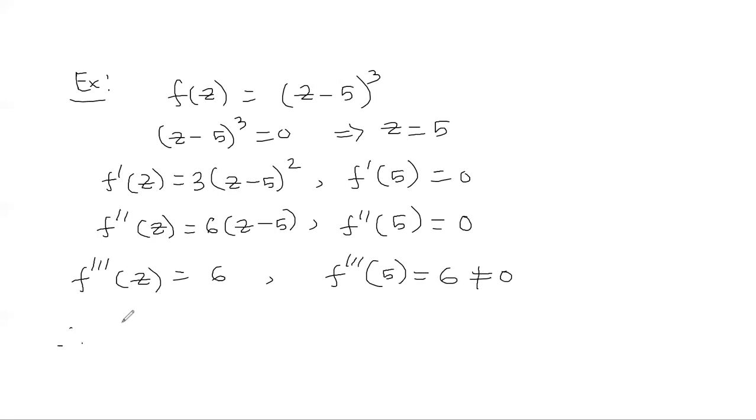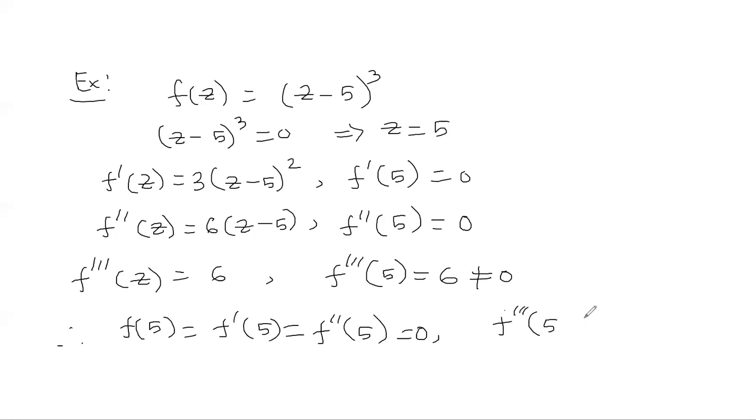So here we can conclude, since f(5) equal to f'(5) equal to f''(5) equal to 0 and f'''(5) is not equal to 0, so 5 is a zero of order 3.